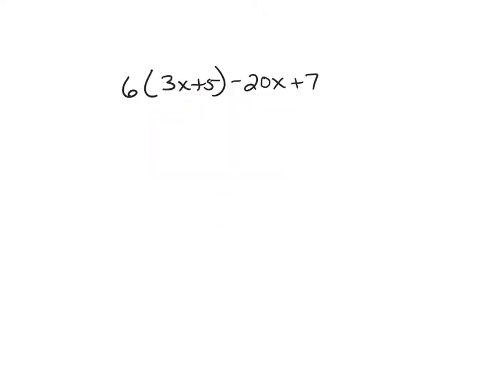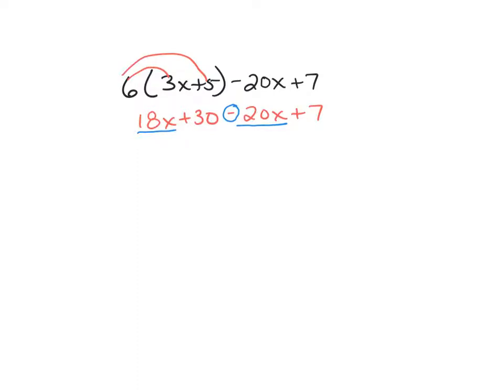Here's one more example. In order to do this, the first thing I'm going to do is use the distributive property again. So I have 6 times 3x is 18x. 6 times 5 gives me 30. So I have 18x plus 30. Subtract 20x plus 7. Now I do have some common terms. I have an 18x and I have a 20x. Remember, the operation in front of that term tells me what to do with that.